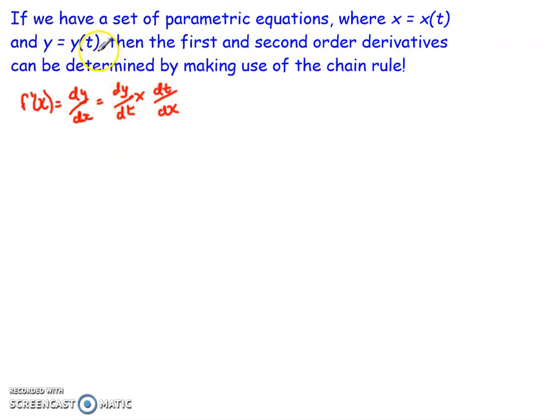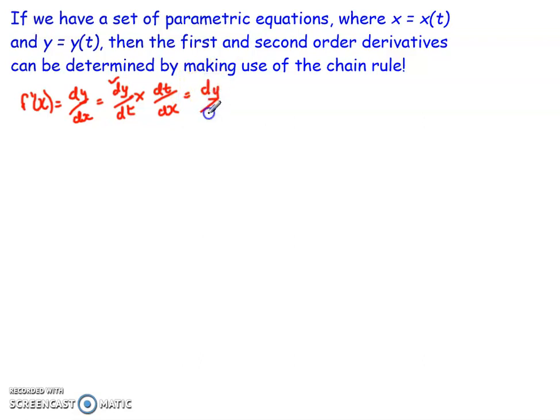So dy by dt, derivative of y, which is a function with respect to t, great. Now I've got to get dt by dx. Well, I don't have a function of t written with respect to x. However, I do have a function of x written with respect to t. And this is where one of our good rules of differentiation comes into play.